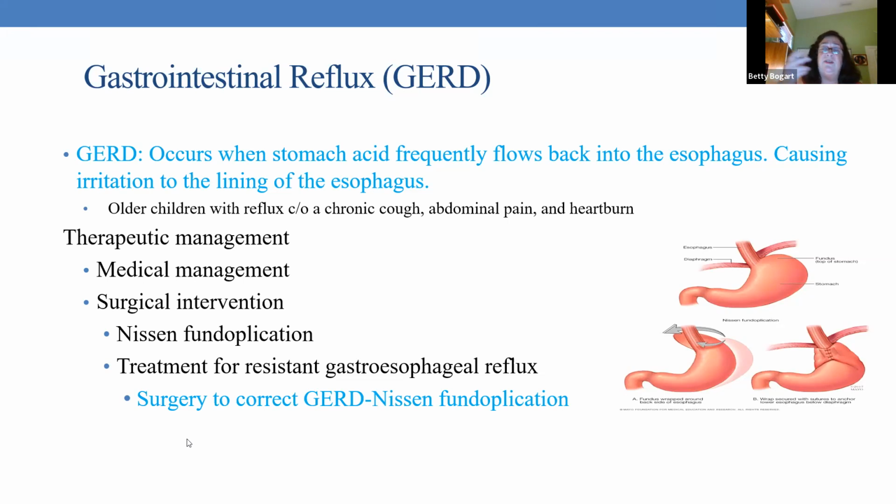And all they do is they take the upper part of the stomach and flip it over so food can't go up the esophagus. This is something they use when they put gastrostomy tubes in adults and children, and it prevents food from going up the esophagus and it prevents aspiration. So it's called a Nissen fundoplication.